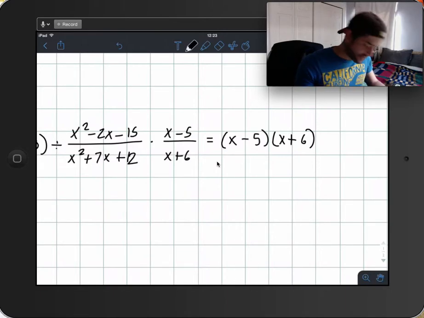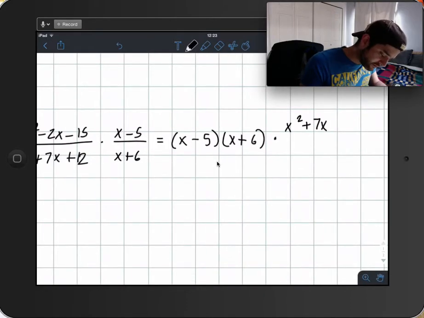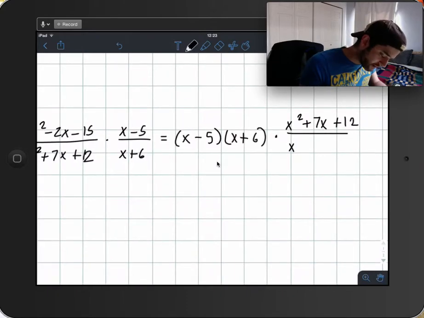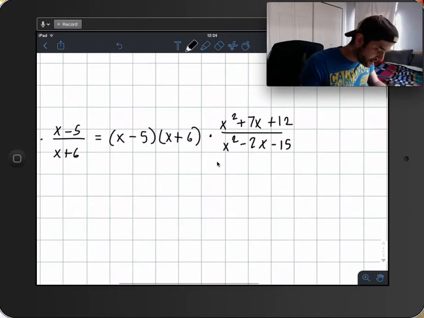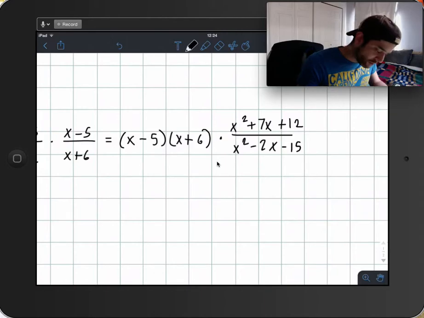actually going to reciprocate that fraction, and that becomes times (x squared plus 7x plus 12) over (x squared minus 2x minus 15). And since I'm multiplying by this last fraction, I leave it alone. You only flip over or reciprocate those fractions that are directly after the division sign.